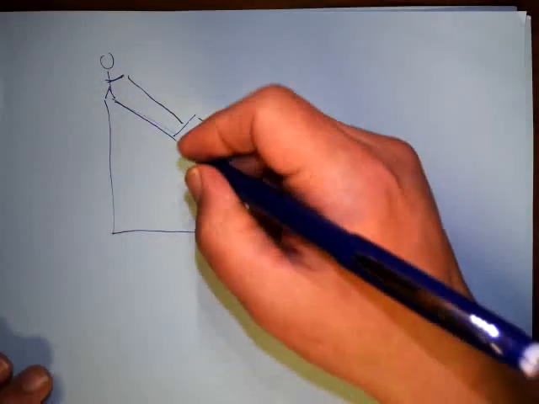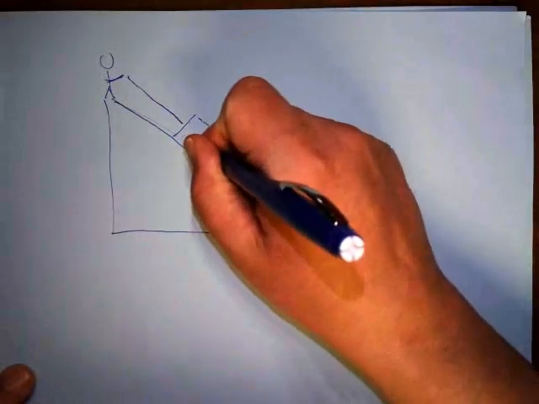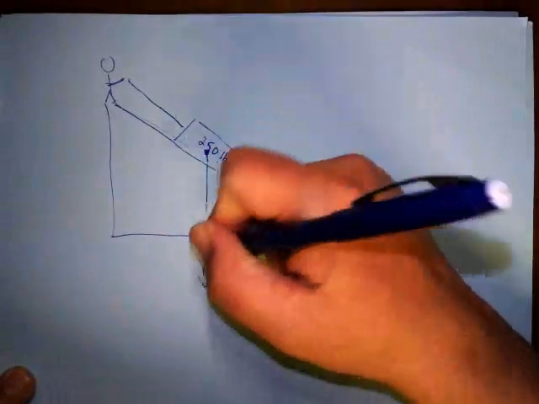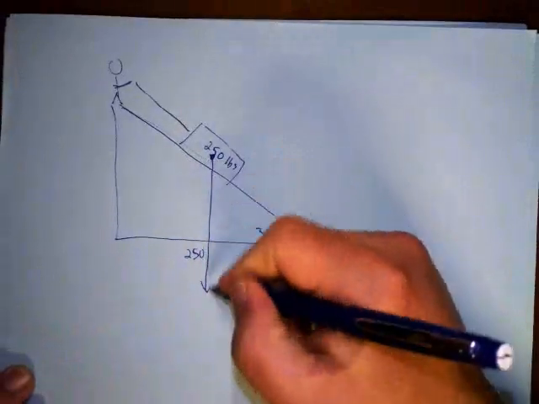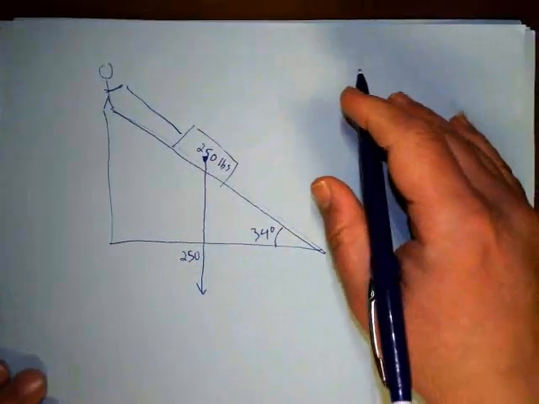Okay, so let's give this a try here. We're going to bring this vector down, and we'll say that's 250, and that's the weight going straight down.